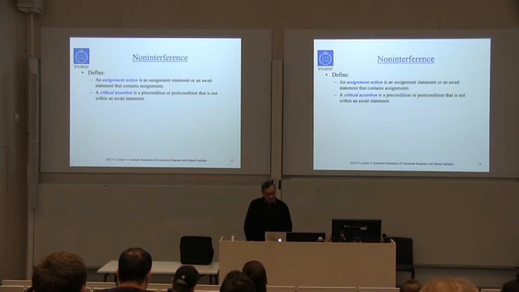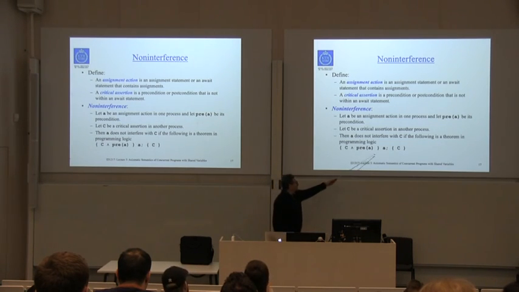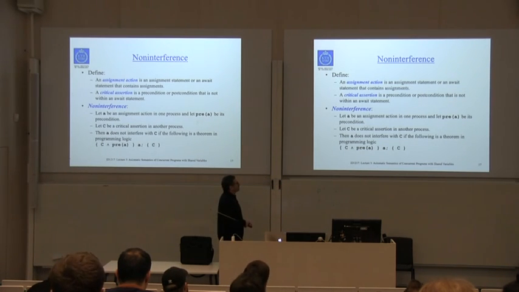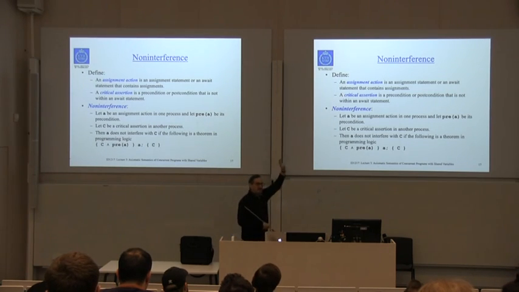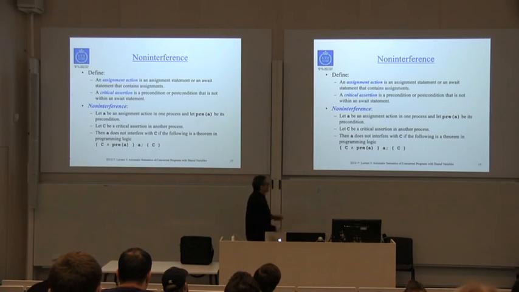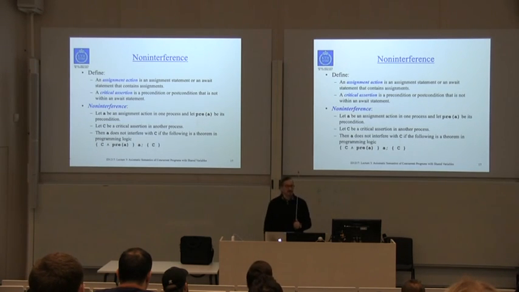So this non-interference, okay, we are not going to deepen it, but the situation is that there is a precondition A for some statement A, and C is a critical assertion in another process, like a precondition or postcondition in some other thread, C, but then execution of A should not change C. And if it changes it to false, let's say, then it means that these two threads interfere.